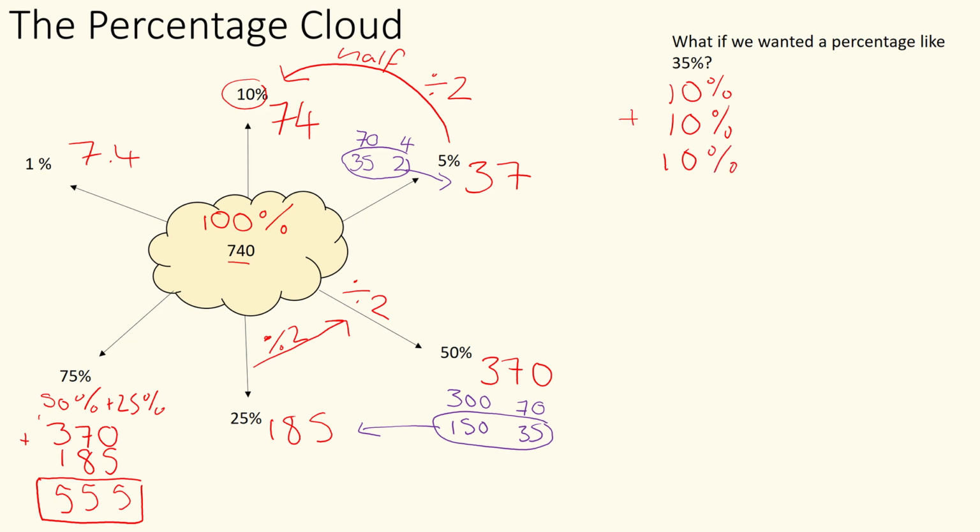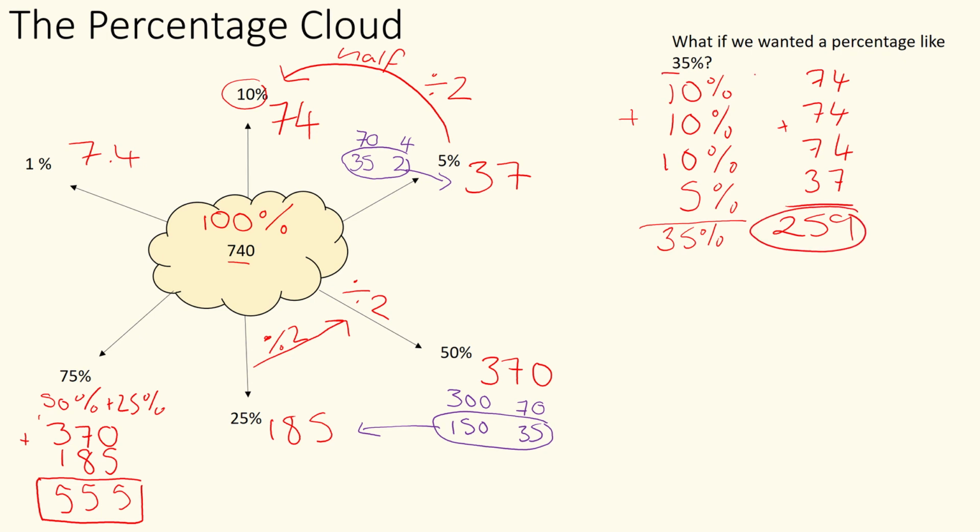If we add them all together, that will give us 30, and we're going to add a 5% on top, and all of that comes to 35%. Let's put the actual values in. So it's 74, add 74, add 74, and the 5% is 37, and when we add that all together it will come to 259. Okay, so 259 is 35%.